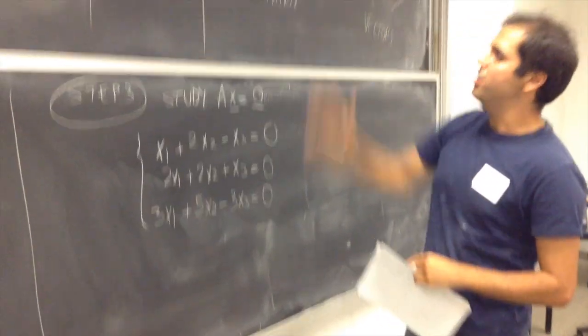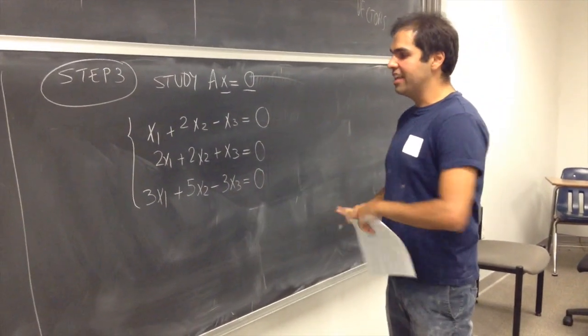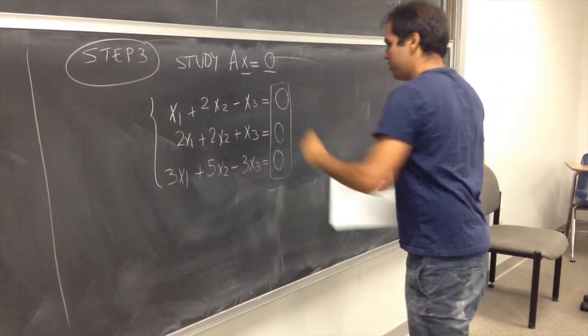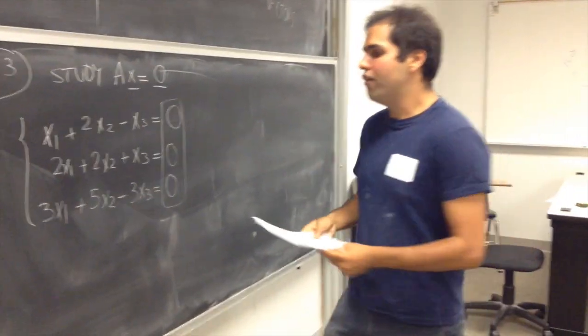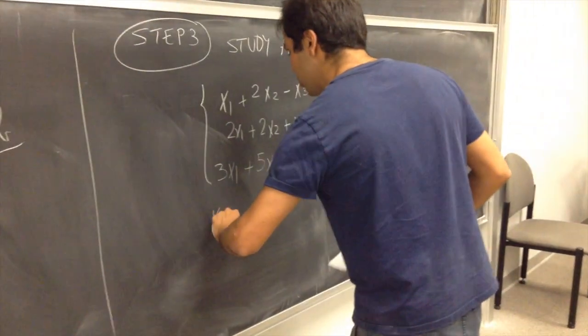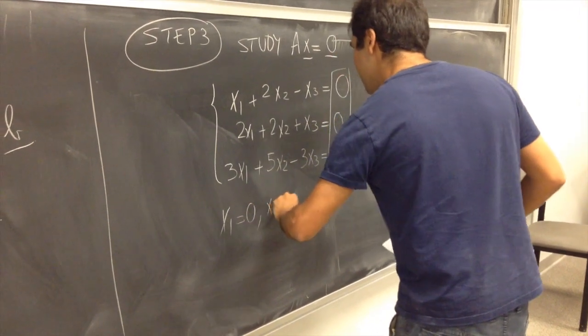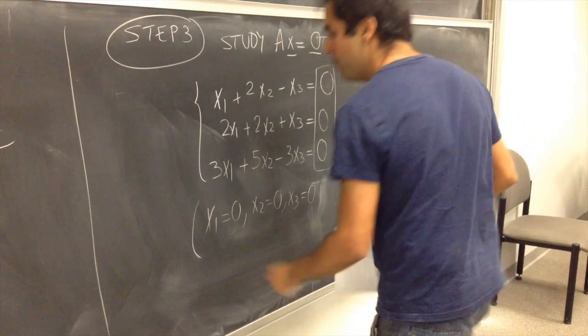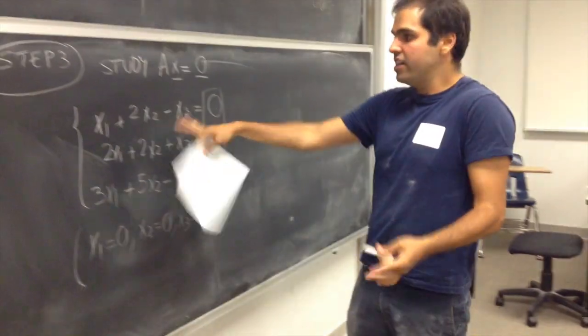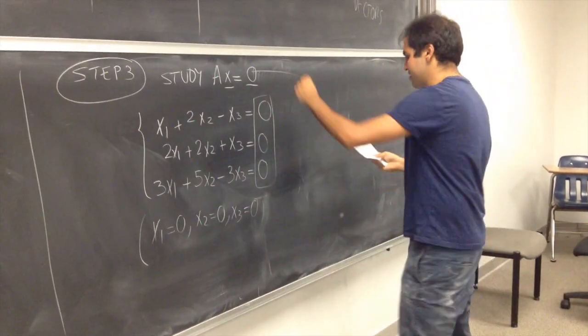So the same equation as above, except the right-hand side is all zeros. By the way, if you solve this, in fact, you get that the only solution is x1 equals 0, x2 equals 0, x3 equals 0, but it's not always the case. There could be non-zero solutions to this.